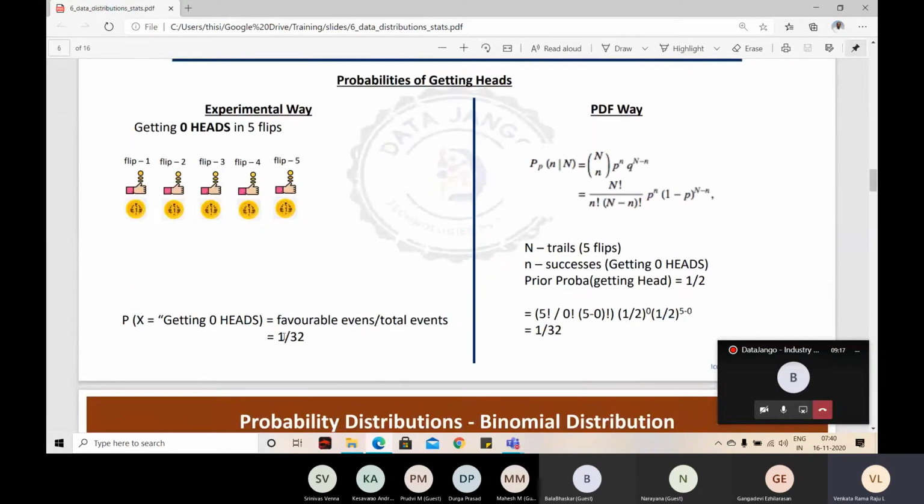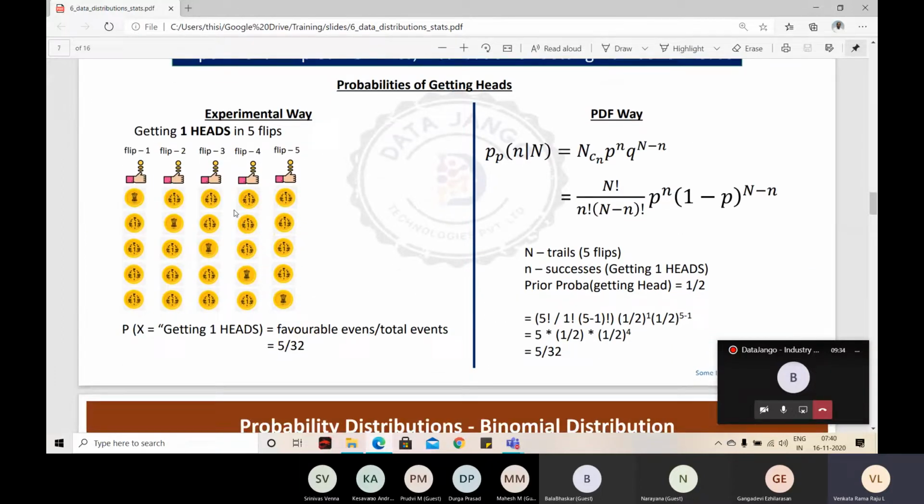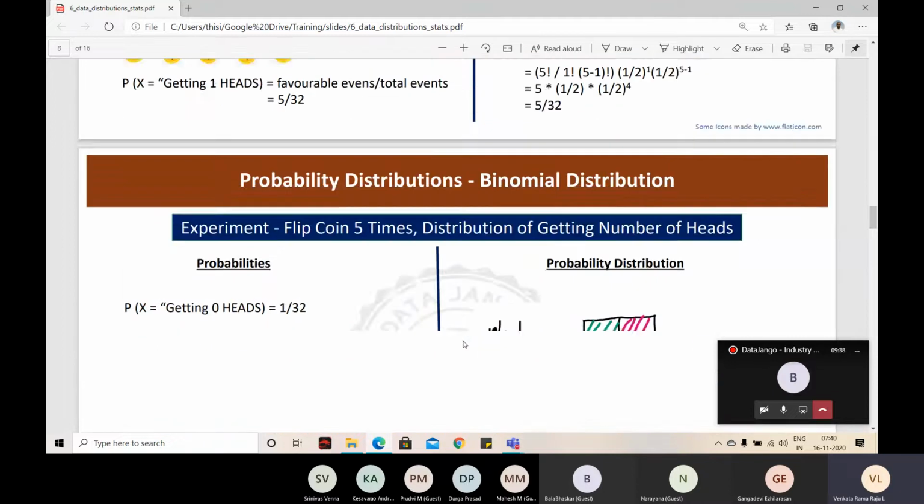Getting all heads is only 1, because all heads will happen only once out of these 32 occurrences. So it's 1 by 32. And when you use the formula also, you are getting the same value. Getting 1 head, 5 by 32. When you use the formula also, you are getting the same thing, right?